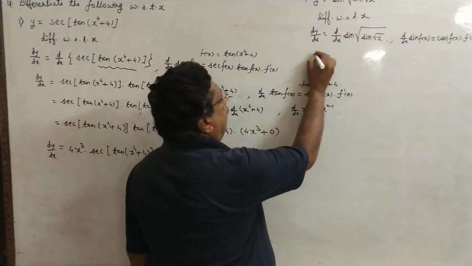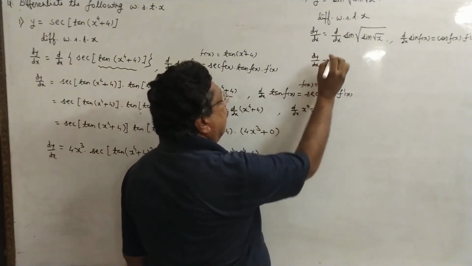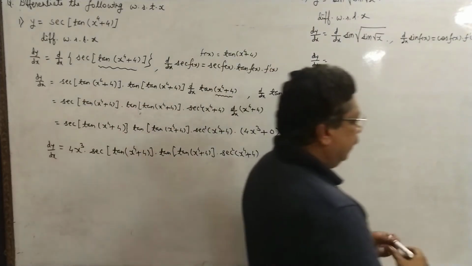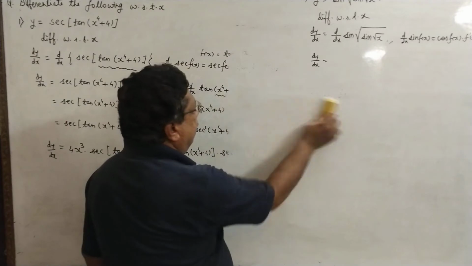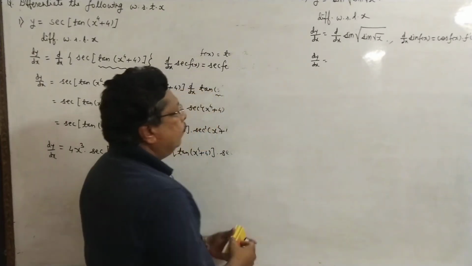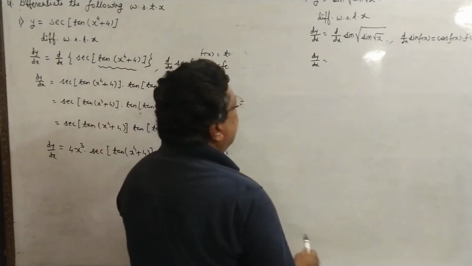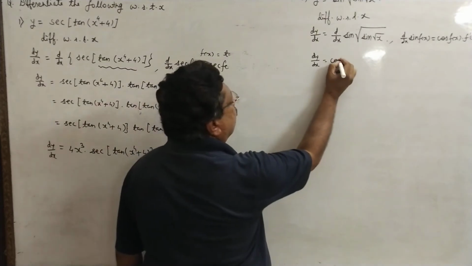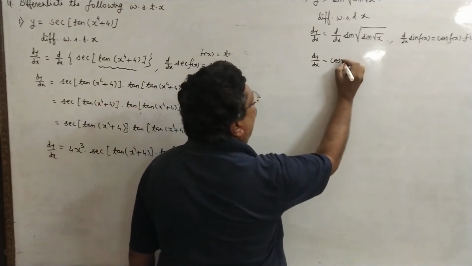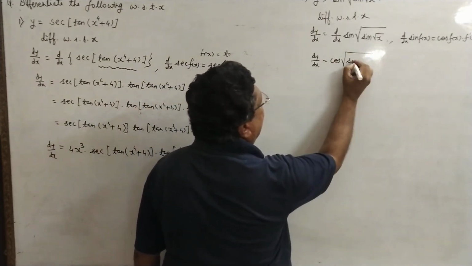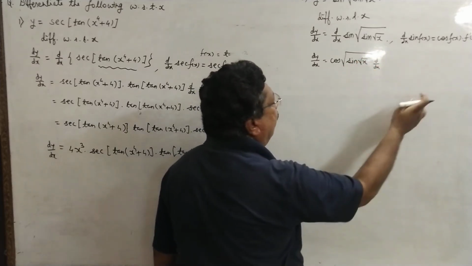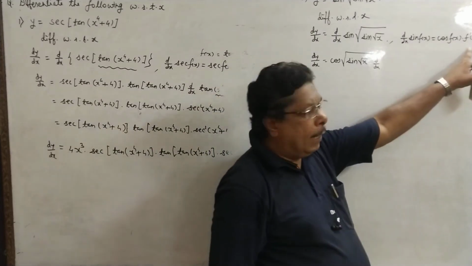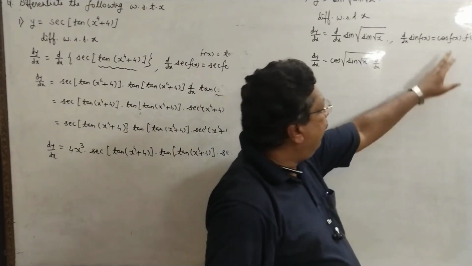So dy by dx is equal to cos of root sine root x into d by dx of fx. F dash x means d by dx of fx.